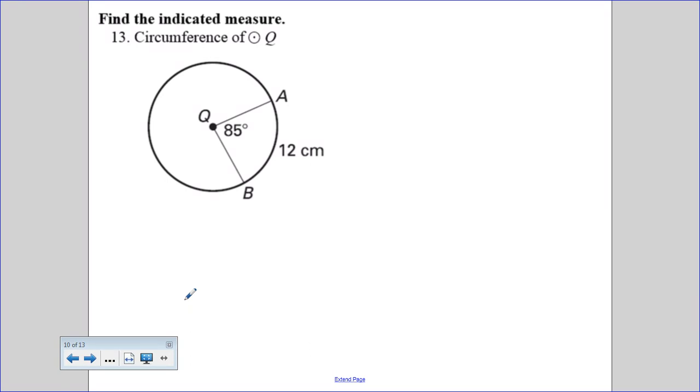All right, this one's a little bit different. So I'm going to find the circumference of circle Q. So I know that my ratio here, it's giving me my arc length of AB, so 12, and it's asking me for the circumference. So I'm just going to put C down there because that really was what the formula was.